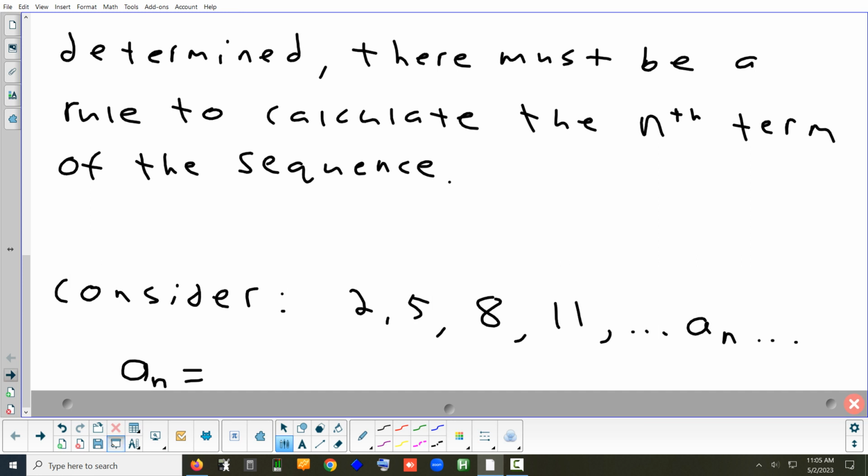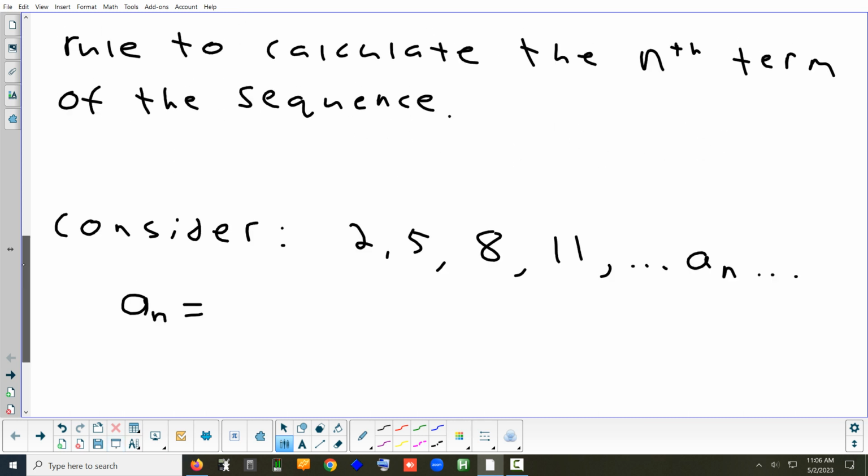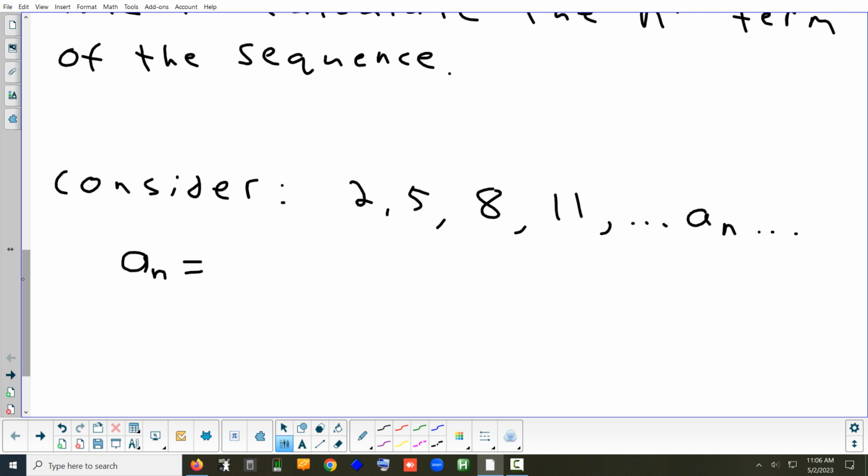Okay, so here's a sequence, and I want to see if we can figure out the pattern for it. Okay, this would be a sub 1, a sub 2, a sub 3, and this is a sequence that goes on forever.